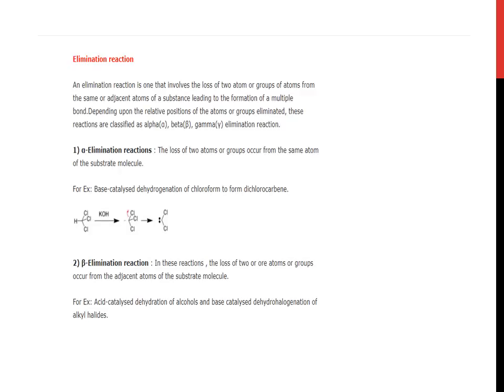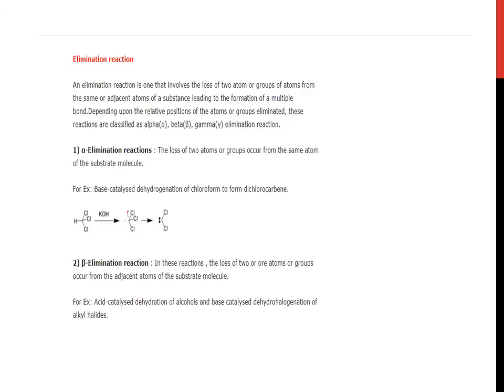So start with alpha elimination and beta elimination. So what is alpha elimination? Take this example. CHCl3 when reacted with KOH will give CCl2, with the release of a chloride ion.